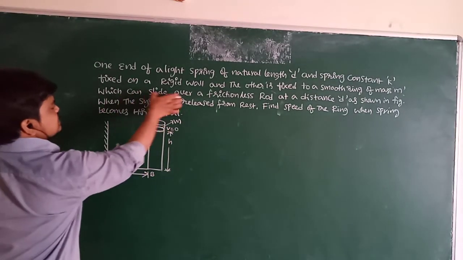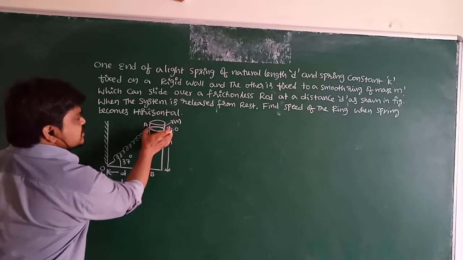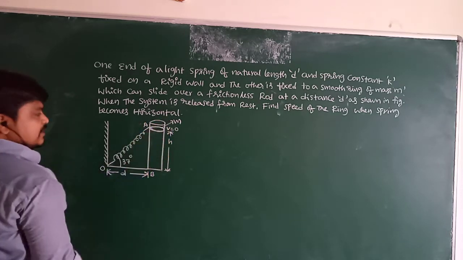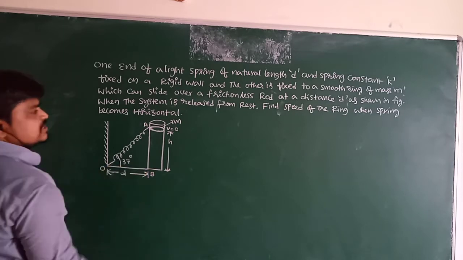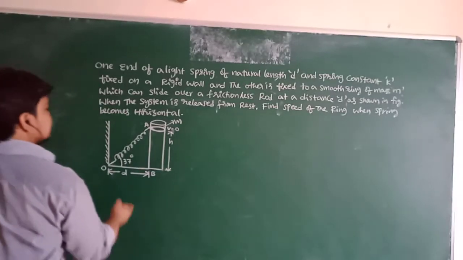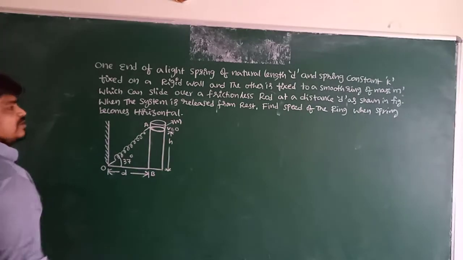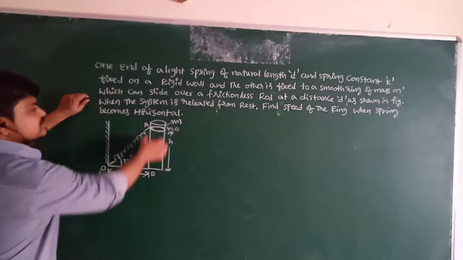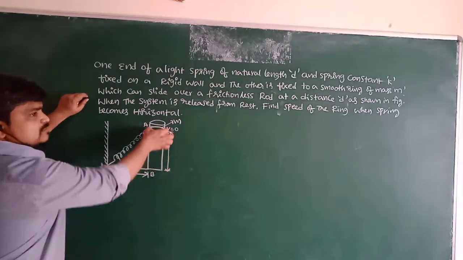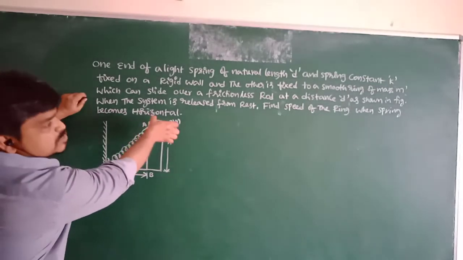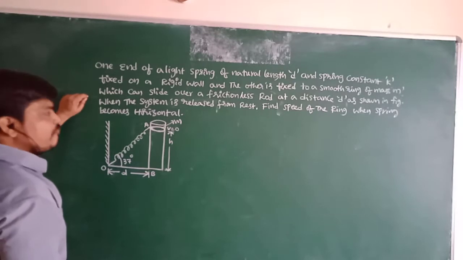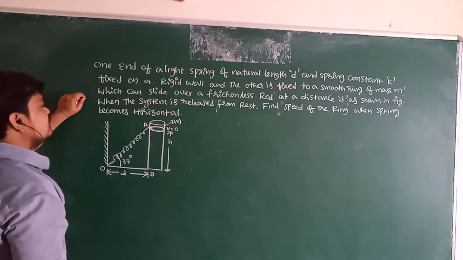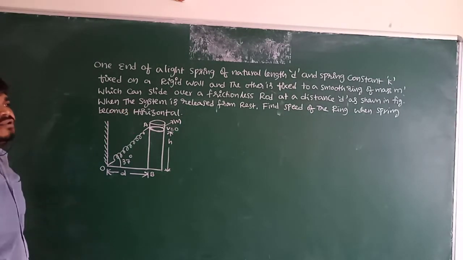The ring can slide over a frictionless rod which is arranged at a distance as shown in the figure. When the smooth ring is released from rest, find the speed of the ring when the spring becomes horizontal.